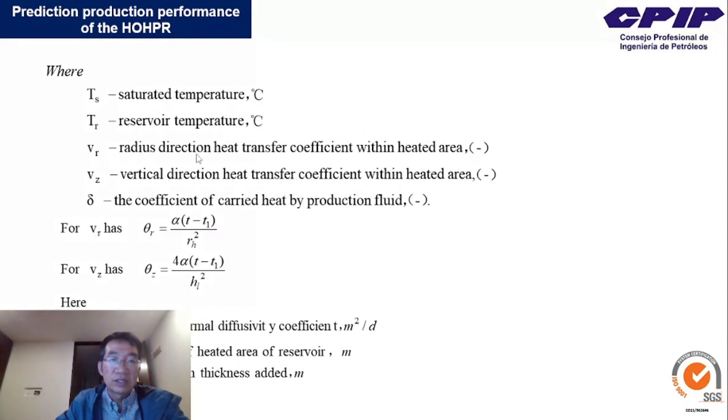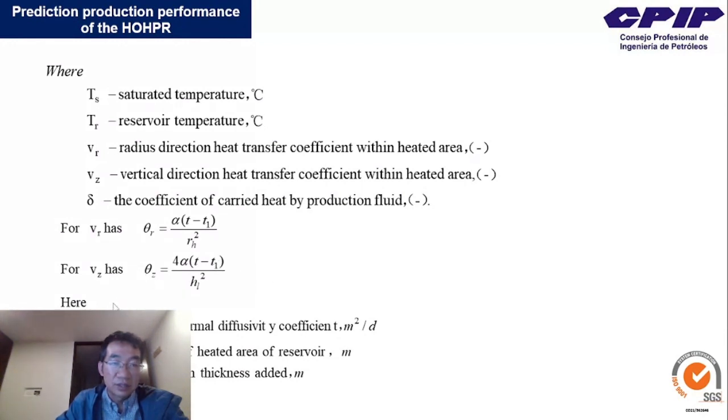Vr, radial direction heat transfer coefficient within the heated area. Vz, vertical direction heat transfer coefficient within the heated area. Lambda is the coefficient of carried heat by production fluid. Vr has a formula, and Vz has a formula too.